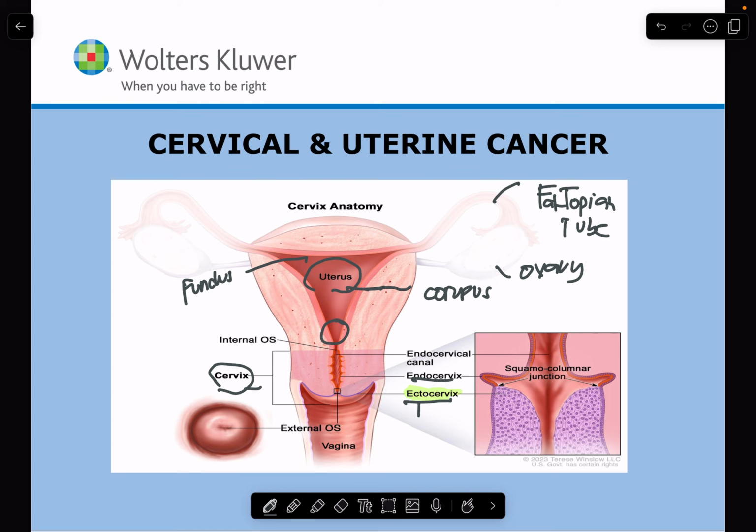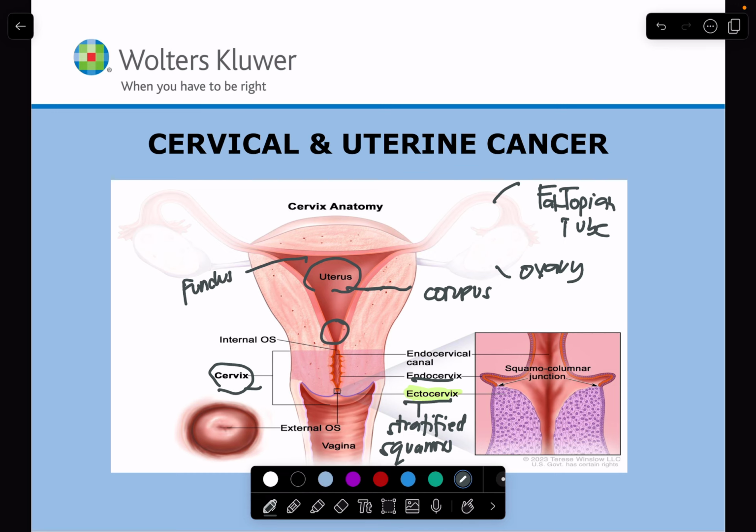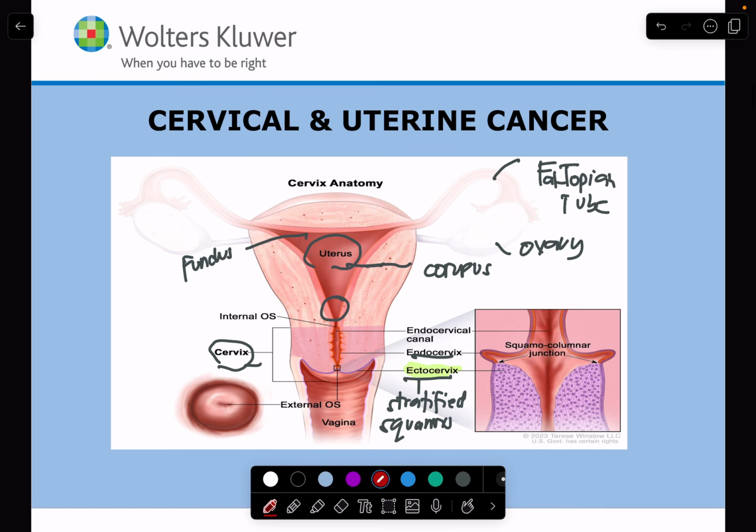Okay? So, meaning to say, when we talk about stratified squamous epithelium, this is comprised of many layers of flat and thin cells.